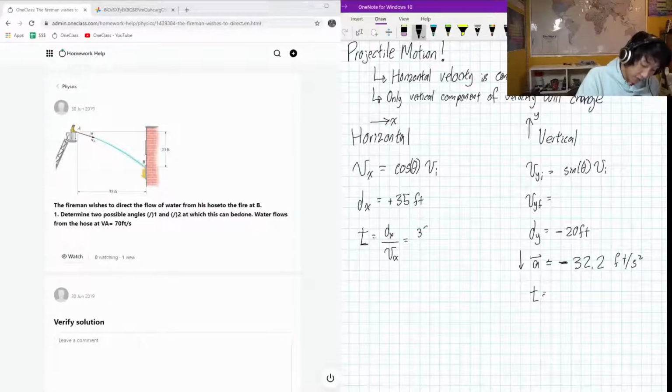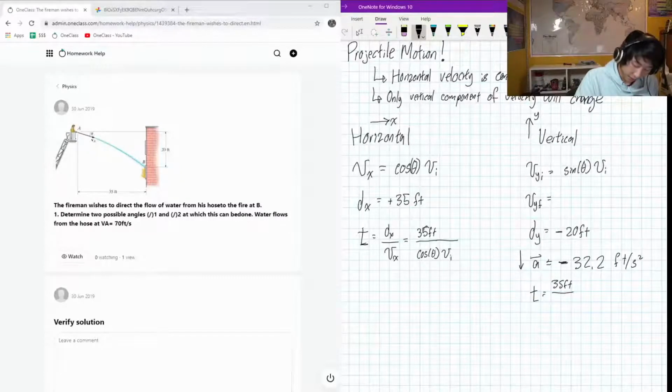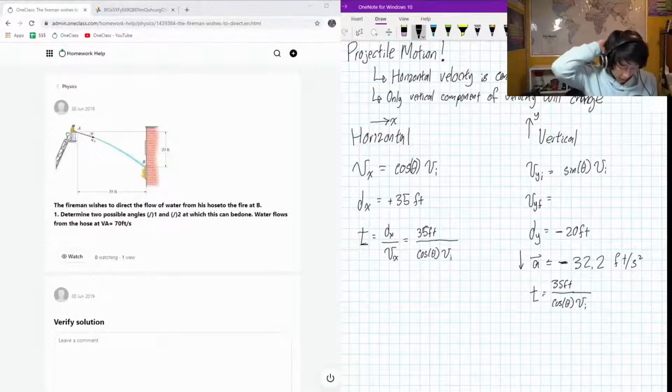So we have 35 feet divided by cosine theta Vi, and that will be our time. Because time is the same for both of them, it's going to be the case for the vertical side as well: 35 feet over cos theta times initial velocity.